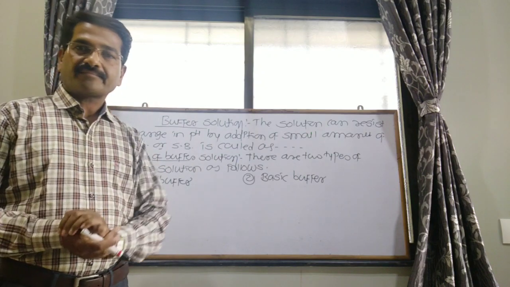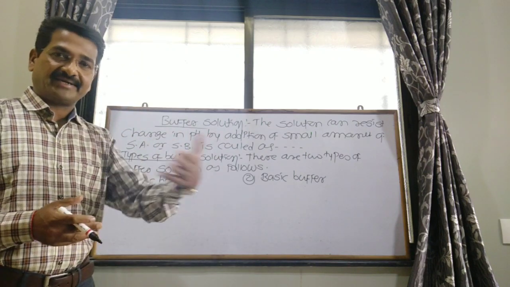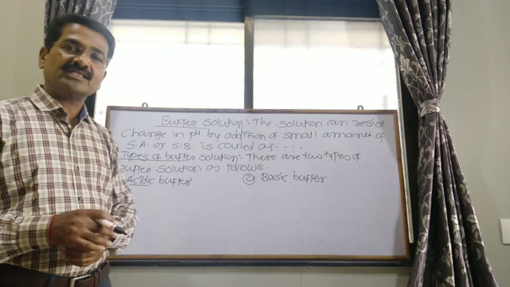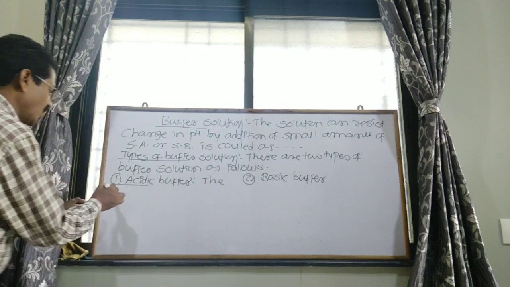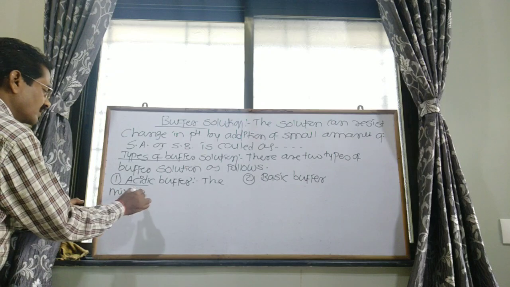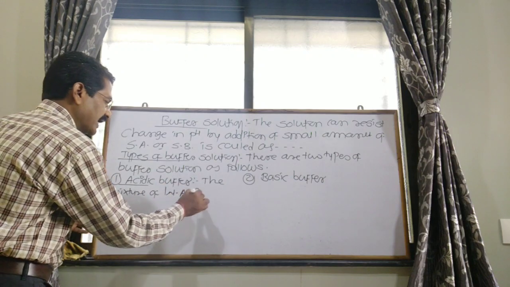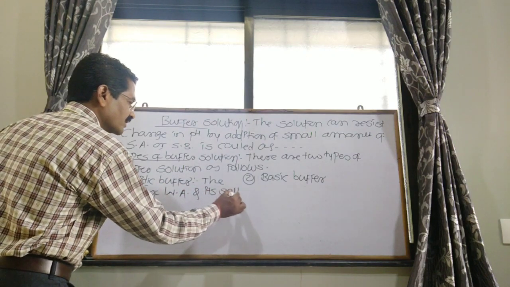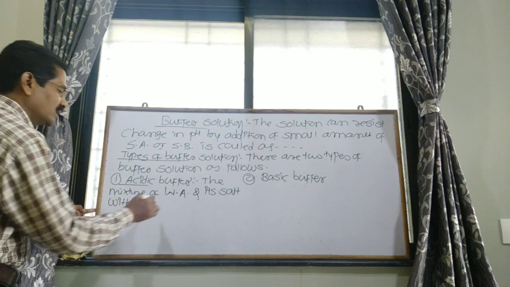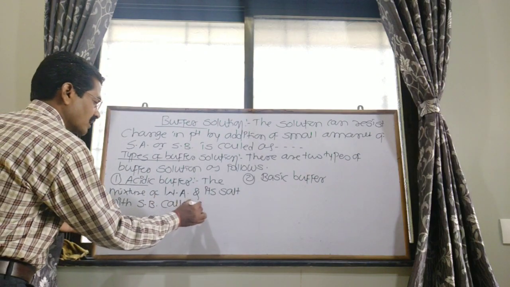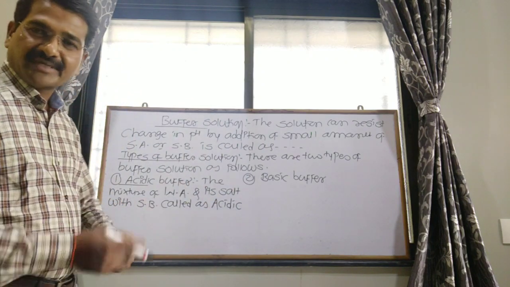The mixture of weak acid and its salt with a strong base is called an acidic buffer. See the definition of acidic buffer.